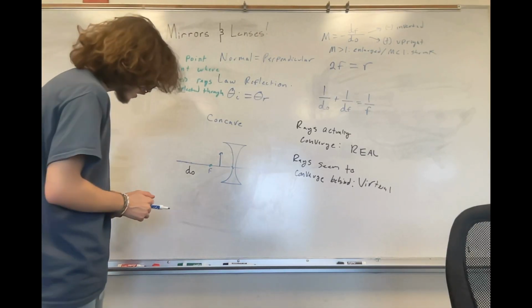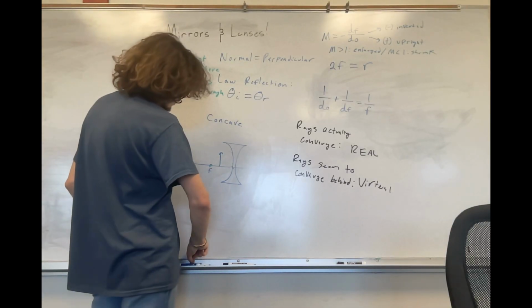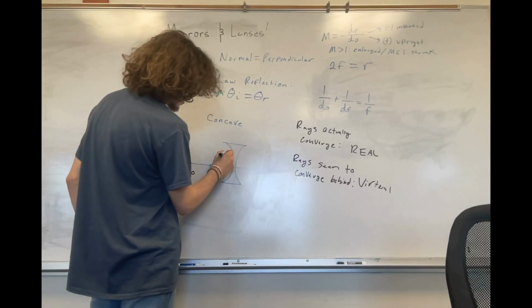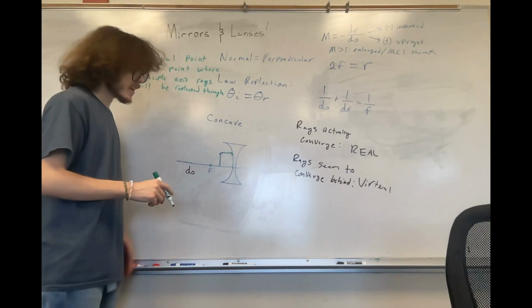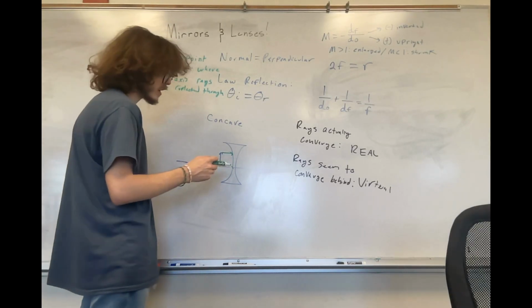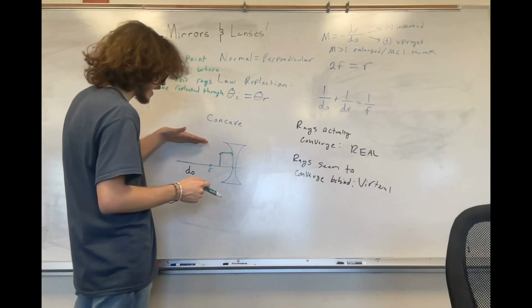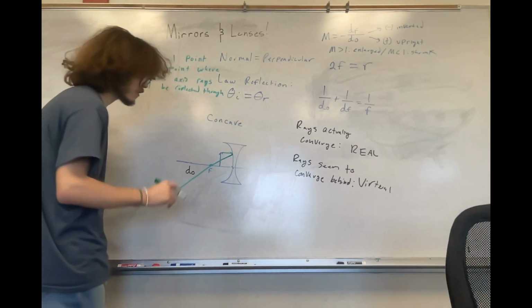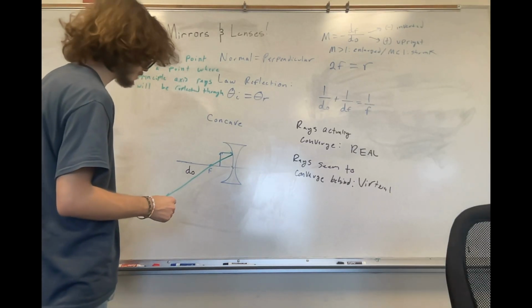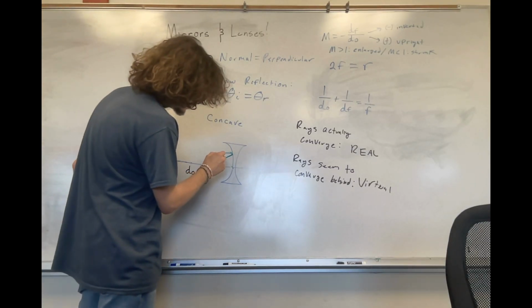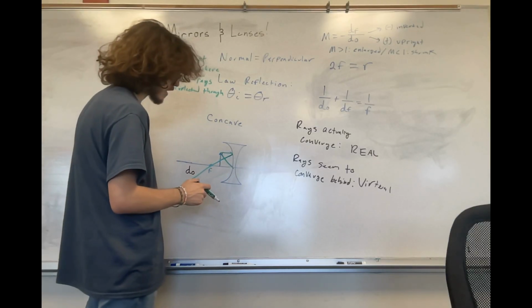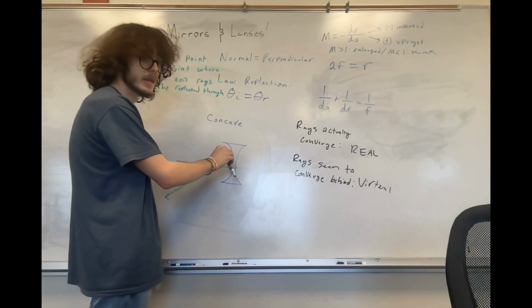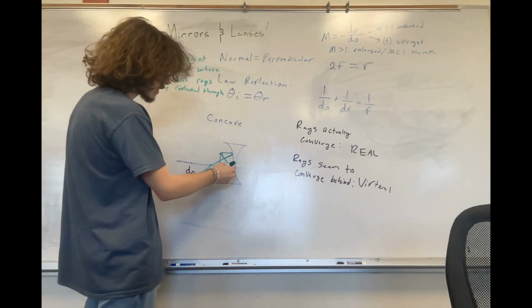Let's draw a ray in the same fashion. A principal axis ray is still going to go through the focal point. No matter where we are, that principal axis ray will always go through the focal point. So very important idea there. Okay, now let's consider what happens when we reflect about the middle. That's kind of like a plane mirror, we can think about it. It's going to get reflected.